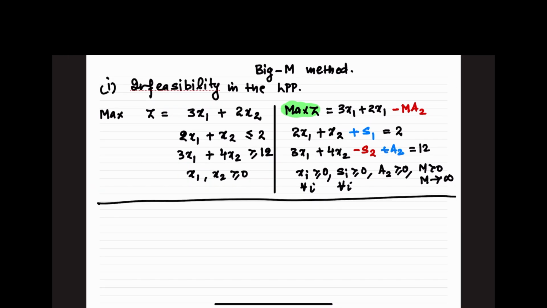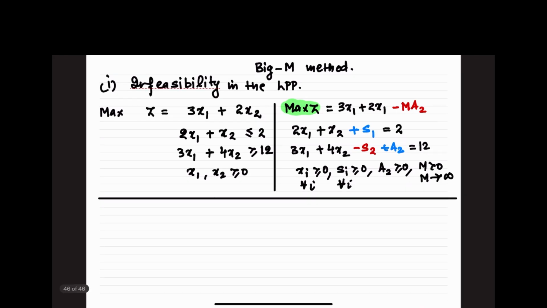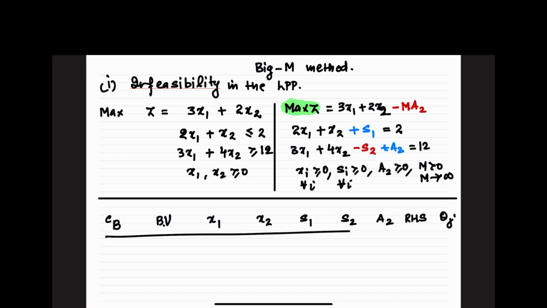So we make the table. So the table is CB, basic variable. The first variable is x1. So this is x2. Then we have s1, s2, a2, RHS, and theta j.